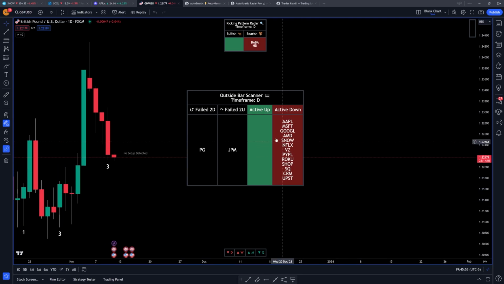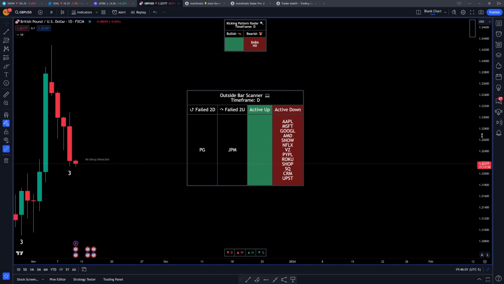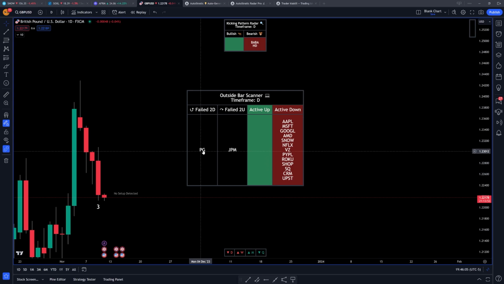What the outside bar scanner does is show us in real time which tickers are prepping for either a potential bounce with high probability, or a potential rejection back down with high probability.